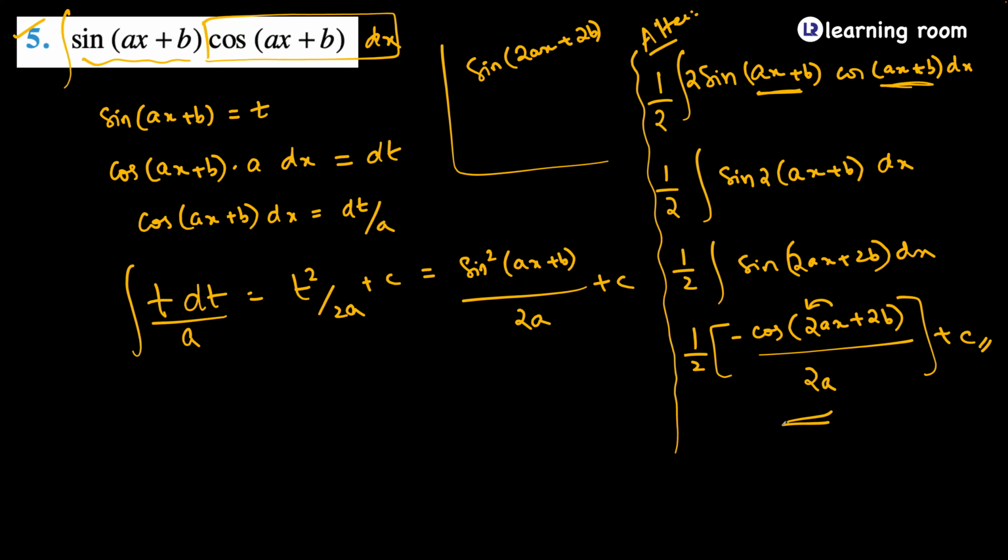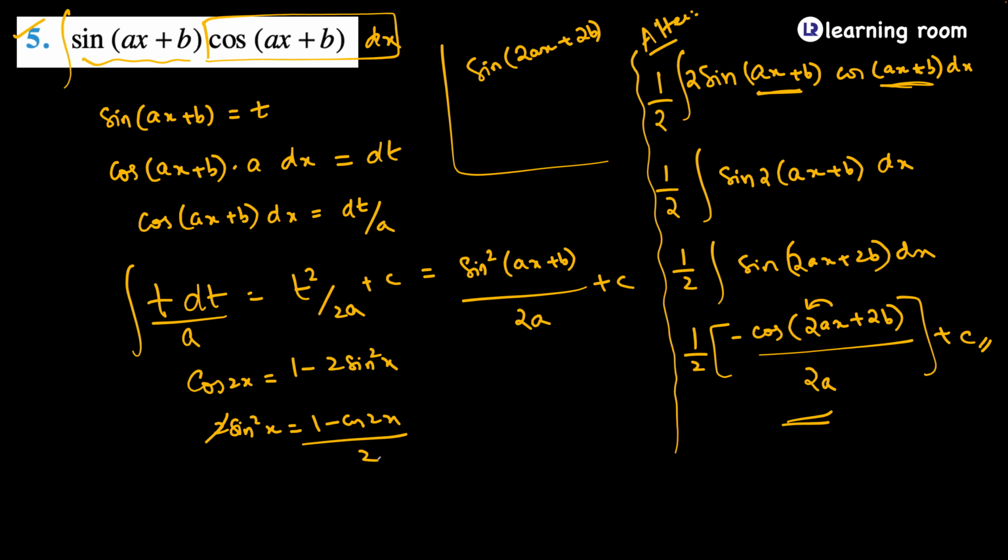What I'm going to do is, I have the formula for cos 2x as 1 minus 2 sine square x. Am I right? So 2 times sine square x is basically 1 minus cos 2x. Isn't that right? So what is sine square x then? 1 minus cos 2x divided by 2.